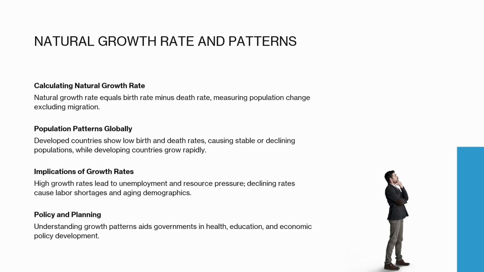So it depends on the country's progress, economic growth, and natural factors like birth rate and death rate to decide the population pattern of a particular country. For example, in the UK, as per the NCERT, population growth is slowing because of both low death rate and low birth rate.